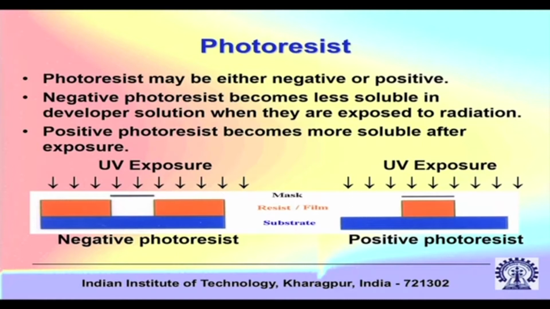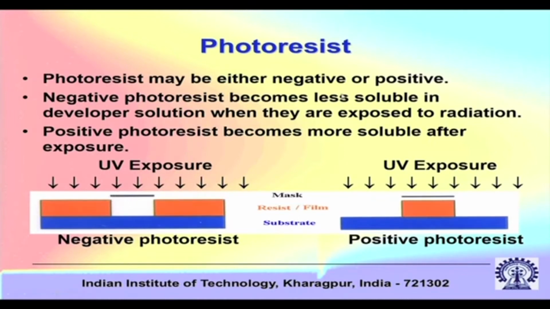The photoresist may be either positive or negative. Negative photoresist becomes less soluble in the developer solution when exposed to radiation. So this is an example of a negative photoresist: when it is exposed, it is less soluble in the developer solution, so it remains.